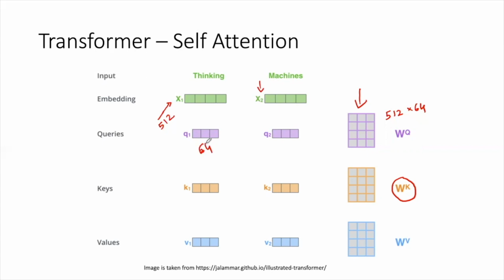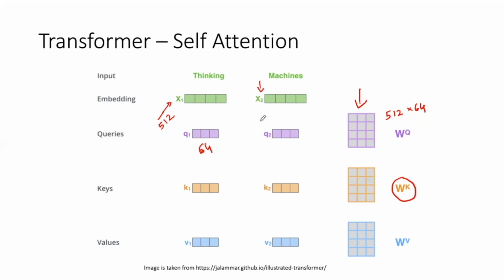So we are actually reducing the size of the input embedding as well. We'll try to understand why exactly we reduce the size, but for now this is one additional benefit: we can also reduce the size.